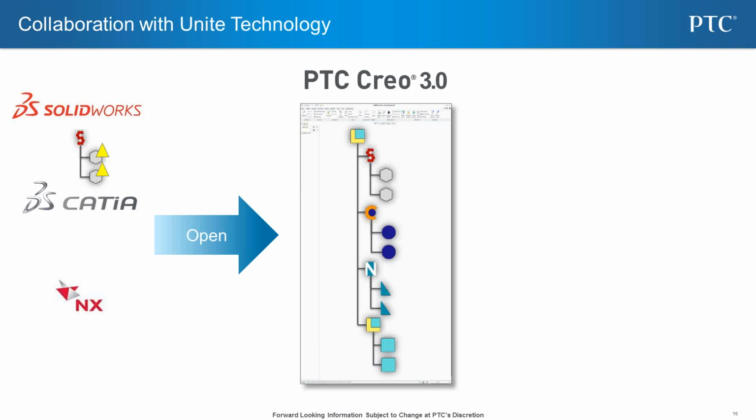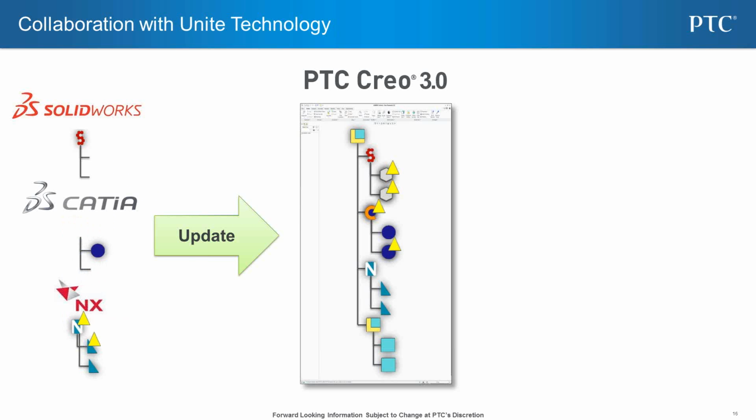Now, if that is a non-native format, the same thing will happen. With the collaboration extension, you'll get a notification that your SolidWorks or CATIA object is out of date, and we will automatically update that for you to the latest iteration of the SolidWorks, CATIA, or NX file.